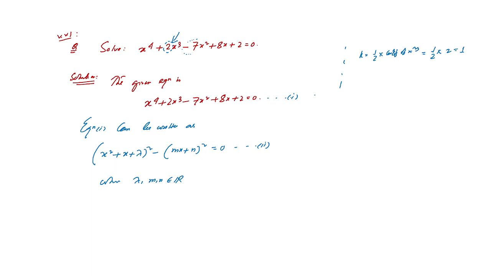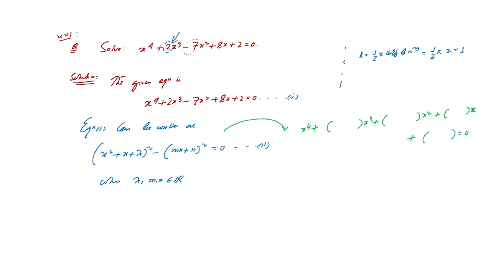Now we compare these two equations as previously. So you can write this equation in the form x to the power 4 plus something into x cube plus something into x square plus something multiple of x plus some constant term equals 0.